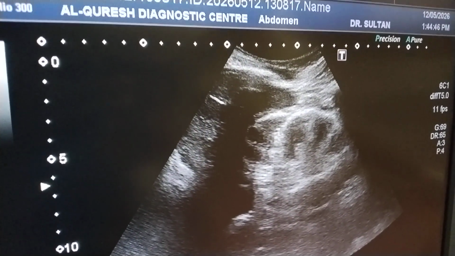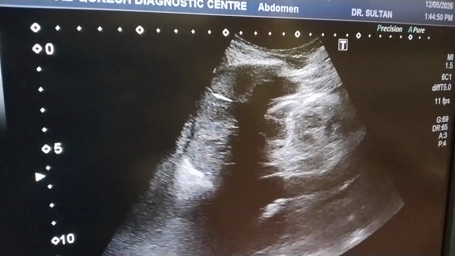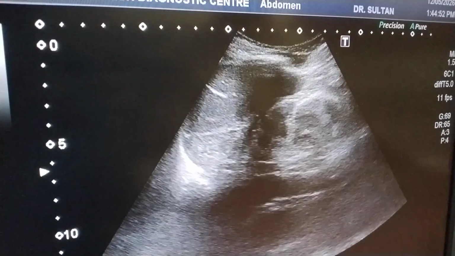So for the better picture or visualization, we can use the linear high frequency probe.